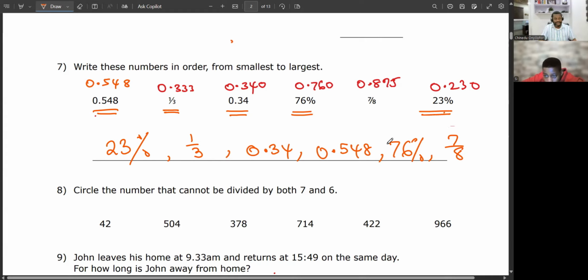Have you written it down? Try to write all of them as decimals so they are the same. And then you'll be able to spot which is the smallest and which is the largest.